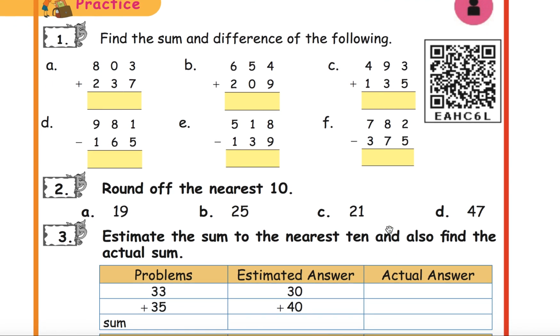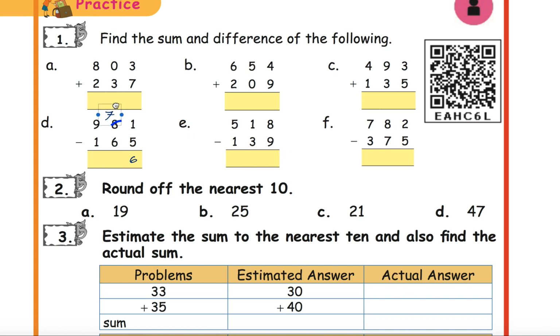Find the sum and difference of the following. This is easy. This one also, sum you can easily do. Difference, let me take, let me solve for at least one. 11 minus 5, 6. Cut down this 8, this becomes now 7.